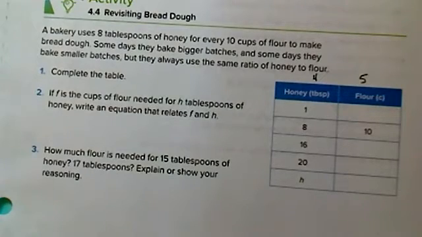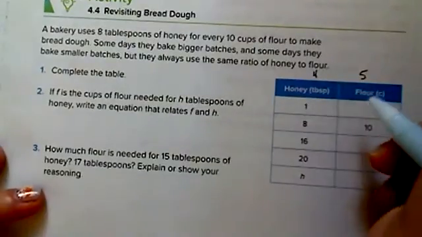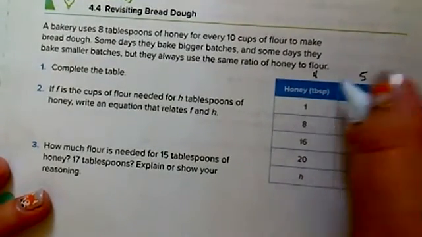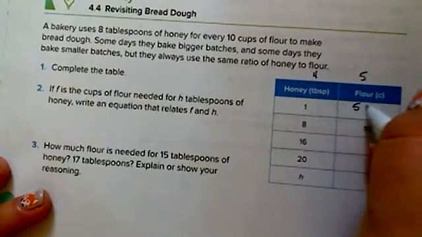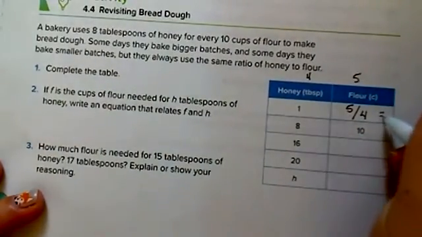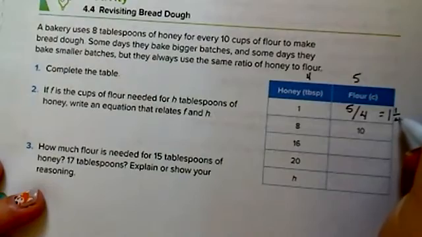Now we've got to figure out how many cups of flour I need for 1 tablespoon. Well, in this case, we're going to have to divide our flour by our honey. So it would be 5/4, or 5 divided by 4. You could also write this as 1 1/4 cups.